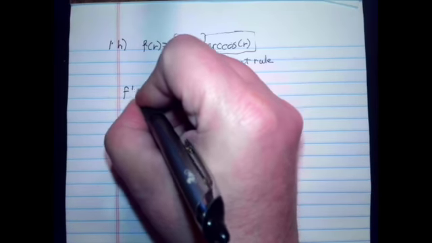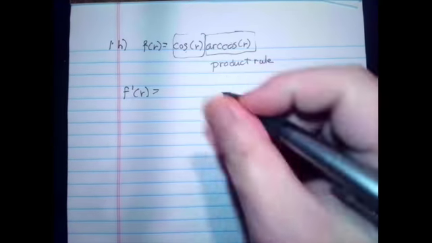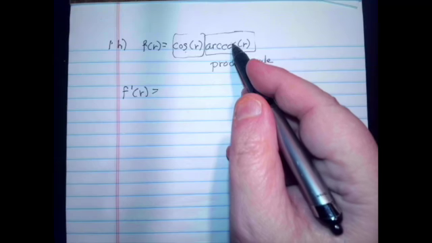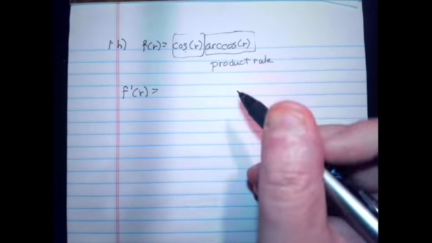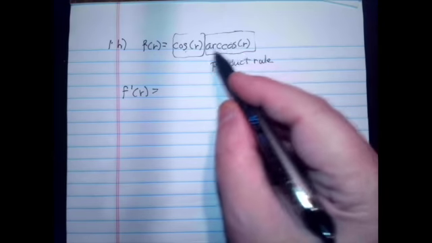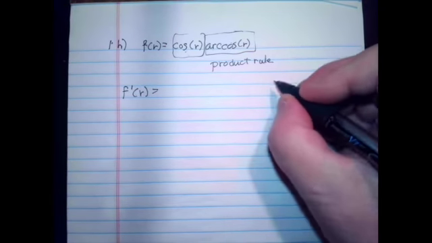So to find f prime of r, we'll have the first factor times the derivative of the second factor plus the derivative of the first factor times the second factor. Now, let's talk about this arc cosine of r.